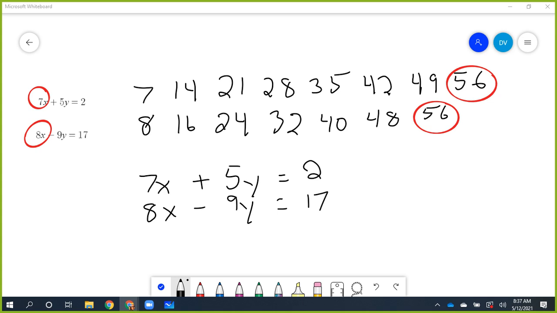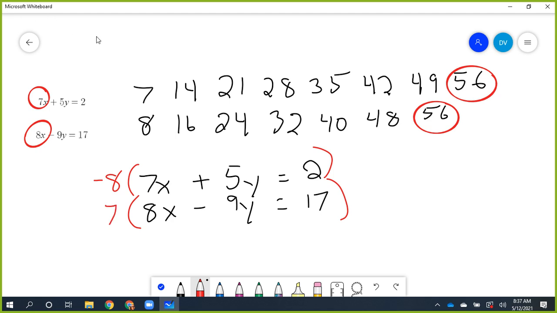So like I said, we need a positive 56 and a negative 56. So to get a negative 56 for this first one, we could multiply by negative 8. Negative 8 times 7 is going to give us 56. And to get a positive 56, we could multiply the second one by 7.